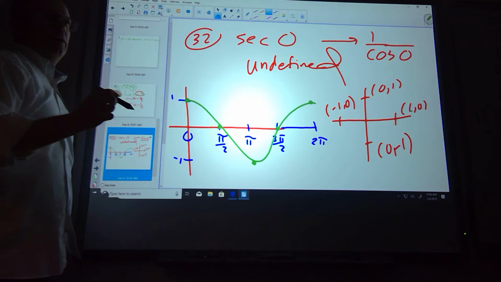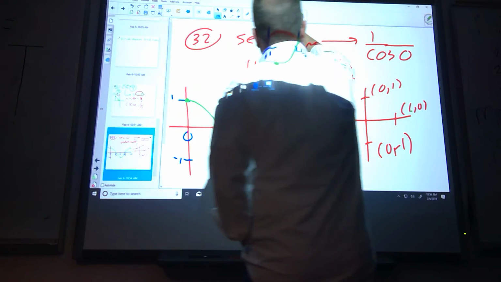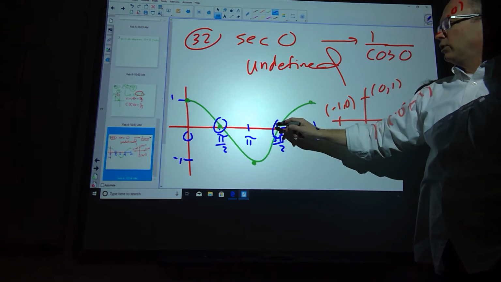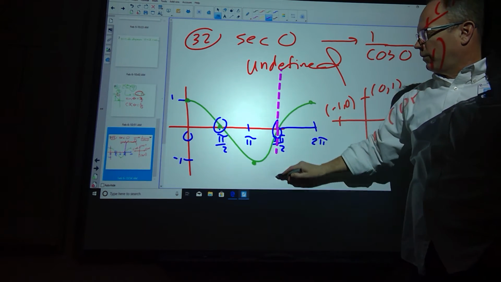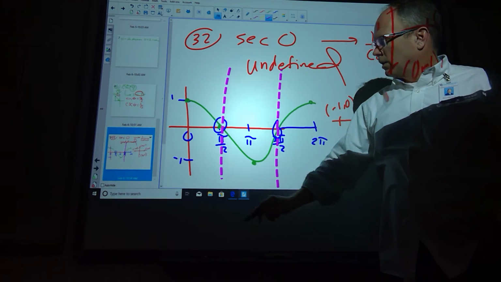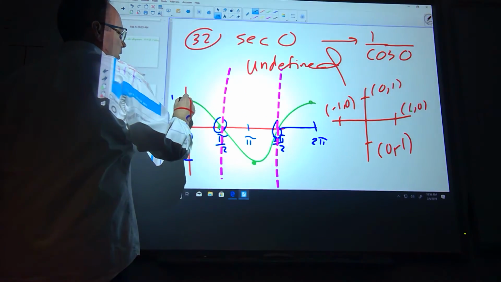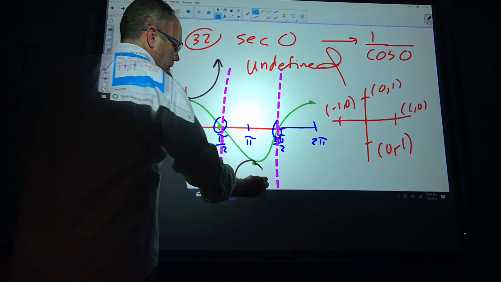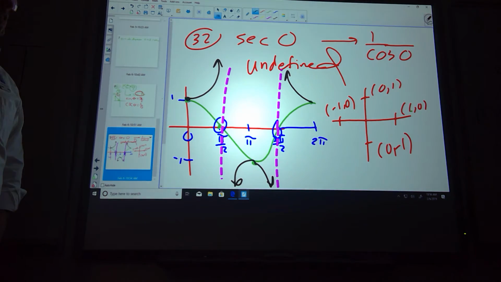Now this is why this one is undefined. Wherever this crosses 0 is an asymptote for its reciprocal function. And the secant graph I'll do in black. This is what the secant graph looks like. So that's why it's undefined.